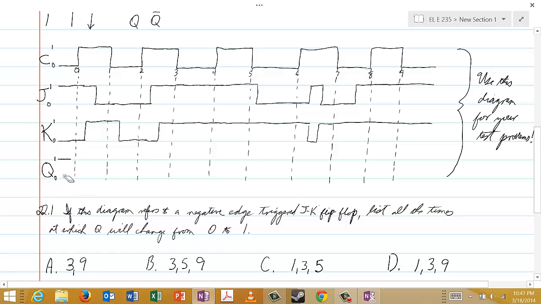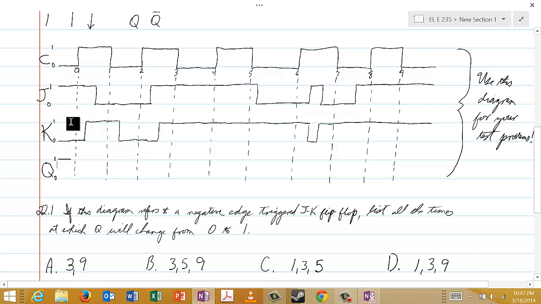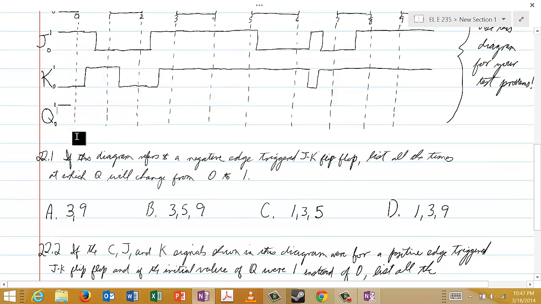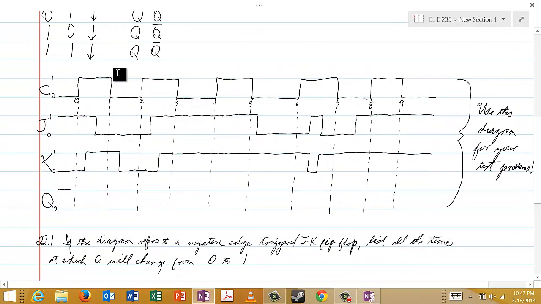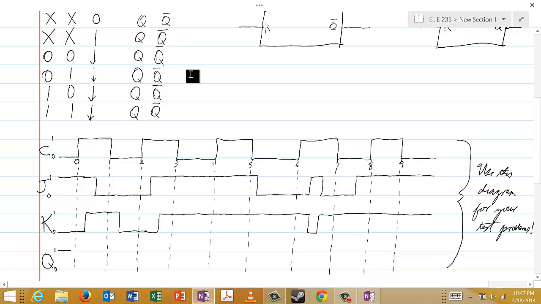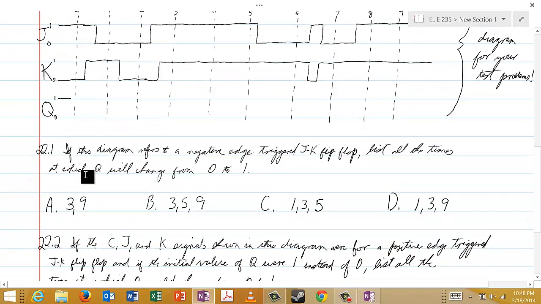So that's what's happening in 22.3. It's saying we have these same C, J, and K signals, and we have a positive edge triggered JK flip-flop, just as we did in the example that we did a few moments ago. So all of that's the same, but now we're going to assume that the initial Q is up here at 1 instead of down at 0, as we did for the example in the lecture.